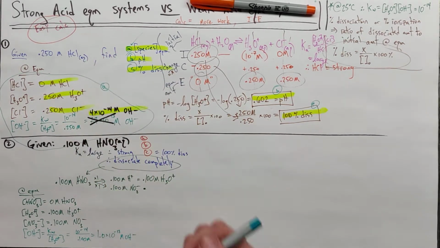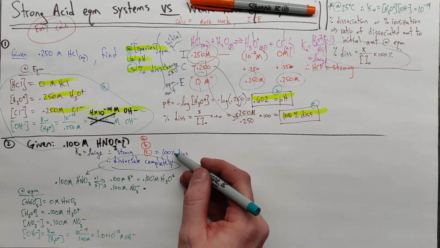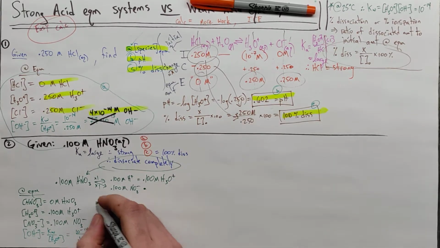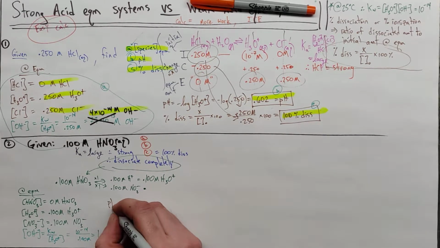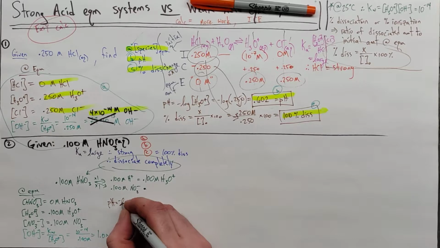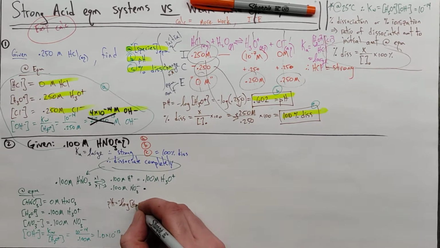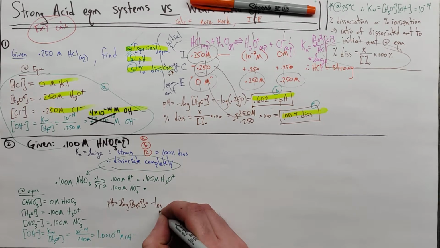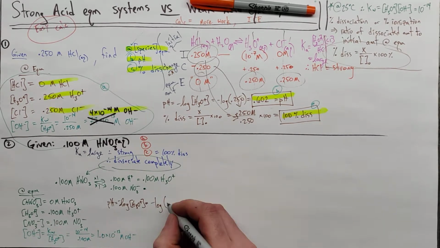So we've got that information there. We've got our percent dissociation. And the only thing we have left to calculate is that pH. And so pH is the negative log of our concentration H3O+, which is the negative log of 0.1.